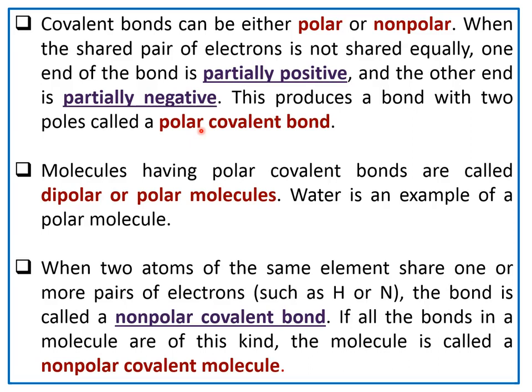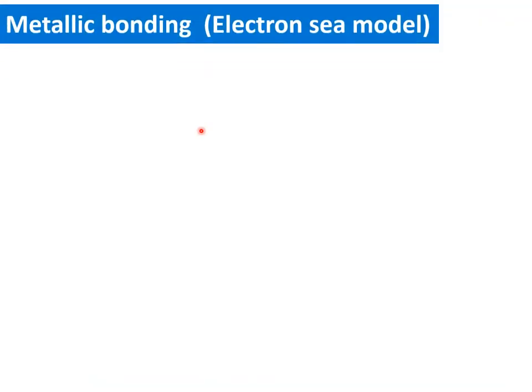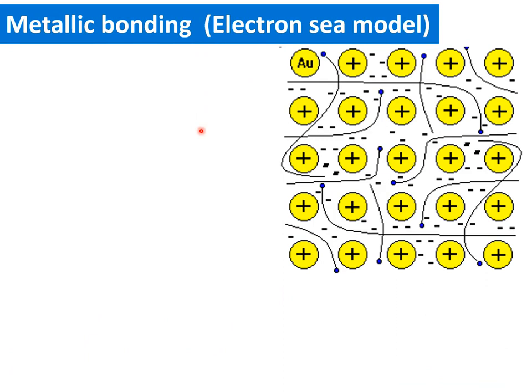The other category of the chemical bond is the metallic bond. In metals we have free electrons in the valence shell, and the free electrons are not localized to the specific atoms they come from.